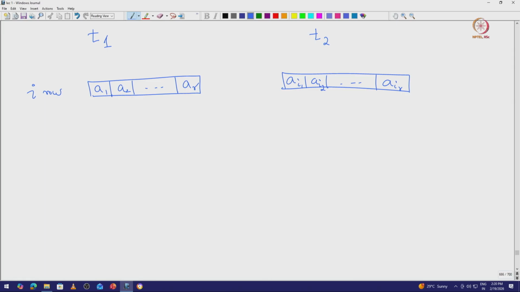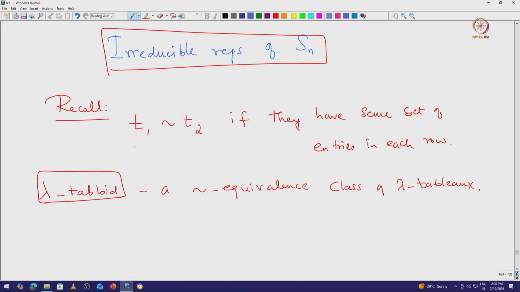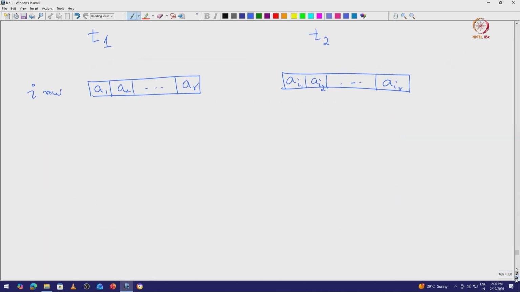This is how the relation is defined, because T1 and T2 are related if they have the same set of entries in each row. So, at the ith row level, the set A1 through AR is the same as the set AI1 through AIR.